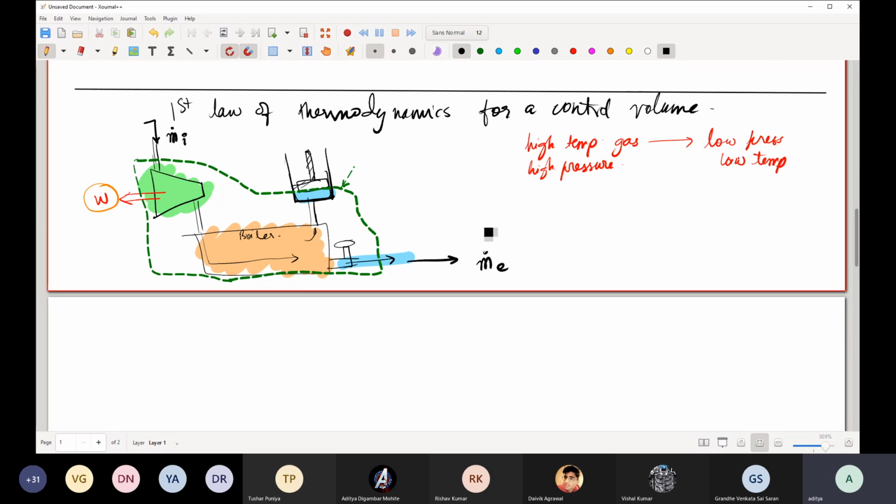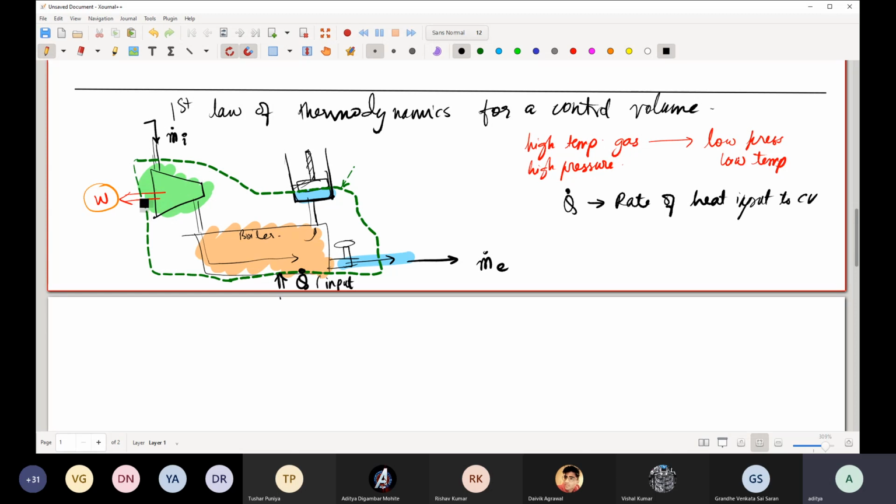And the answer is no. Let's say to the boiler there is some heat input. So Q dot is the rate of heat input to the control volume.